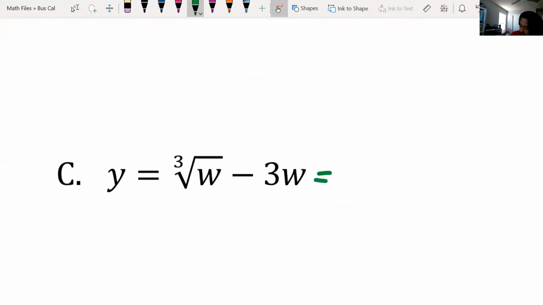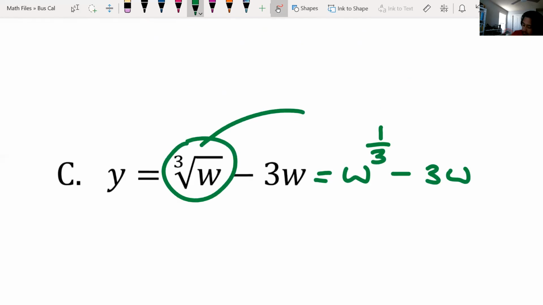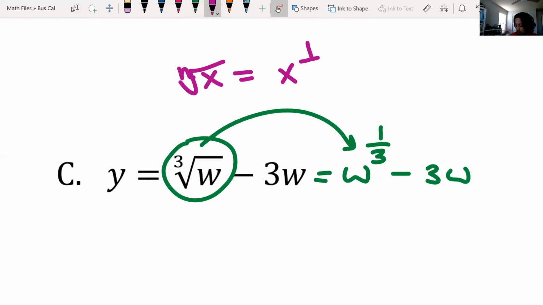So you'll get W to the 1/3 minus 3W. So the cube root of W becomes W to the 1/3. Remember that exponent property. The nth root of x is x to the 1/n.